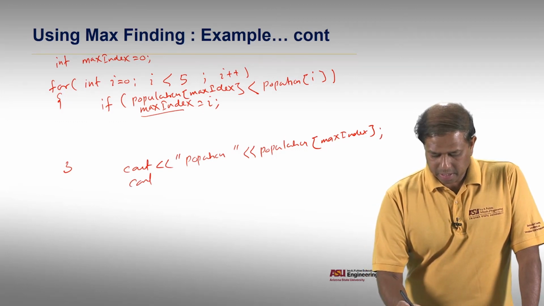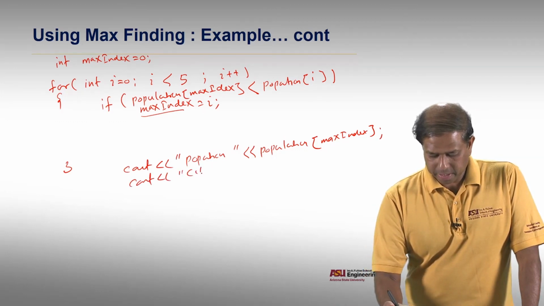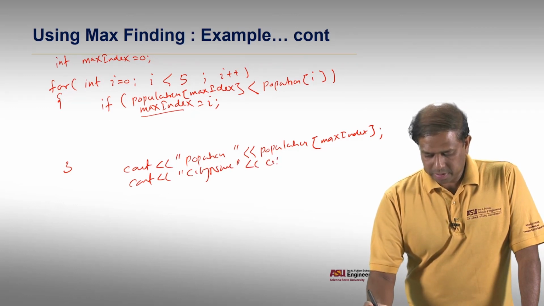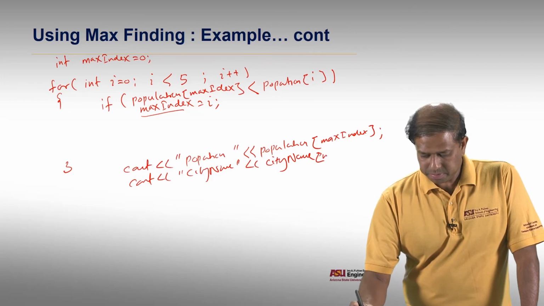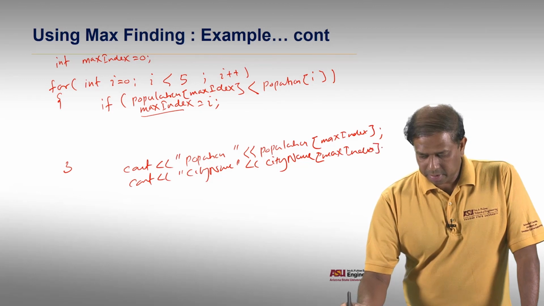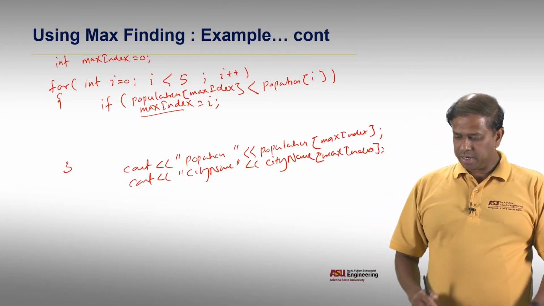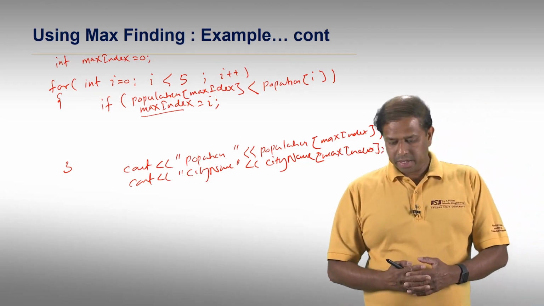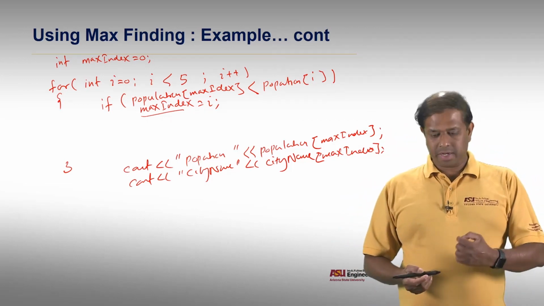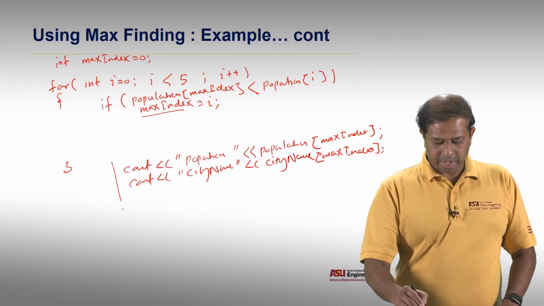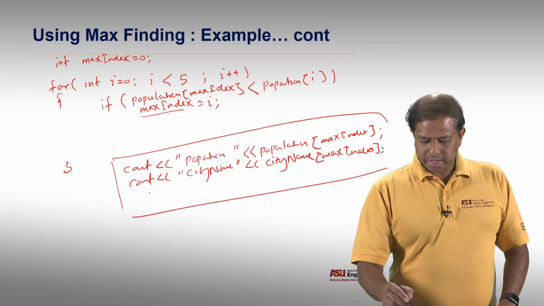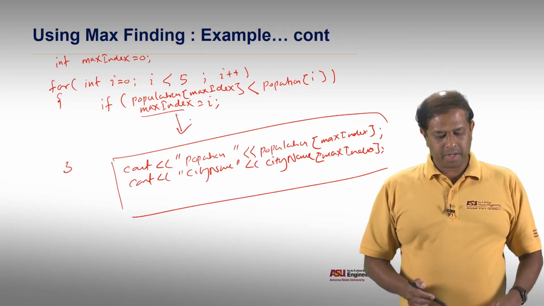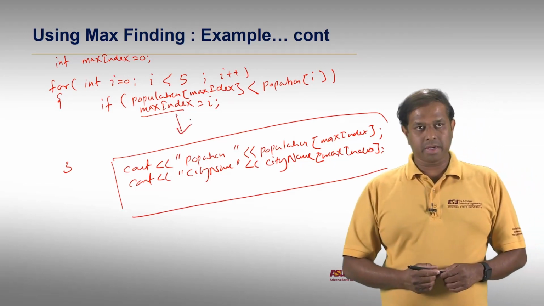And then you can display the city name. So it's going to be the city name array max index, right? That will pretty much give us the name of the city with the largest population as well as the corresponding population. All right. So getting that information from the for loop helps us for subsequent computations.